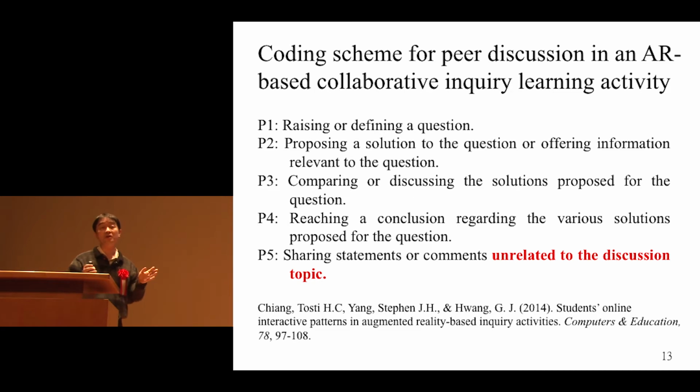We also use the same 5 coding items as Ho, Zhang, and Song. P1 is raise a question. P2 propose a solution. P3 compare or discuss the solution proposed by peers. P4 reach a conclusion or agreement. P5, chatting, talking about something irrelevant, unrelated to the discussion topics.